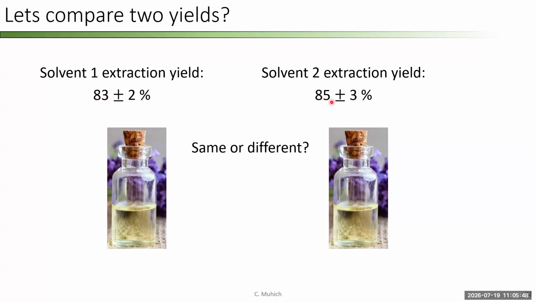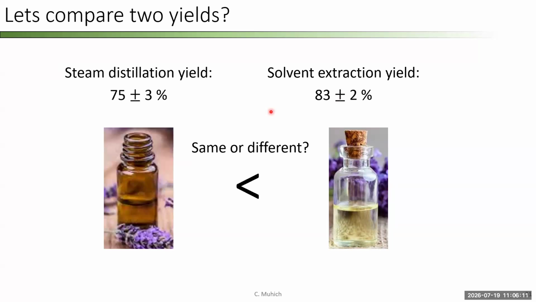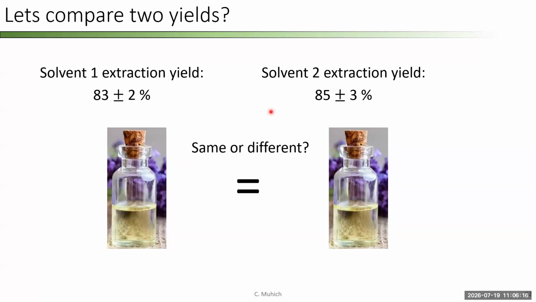On the low side of 85% plus or minus 3, that's 82%. So we're seeing that when I take into account the uncertainty, there's an overlap. So they're probably the same. But saying that these are probably different between steam and solvent extraction, and these are probably the same, isn't very rigorous. We would like to put a number.